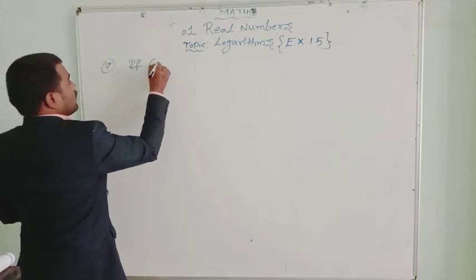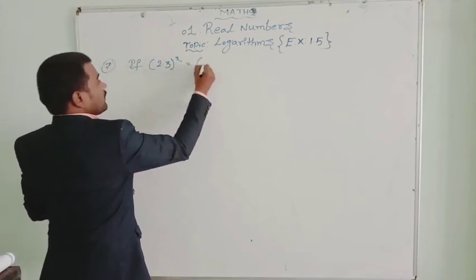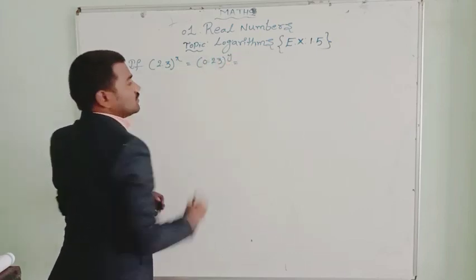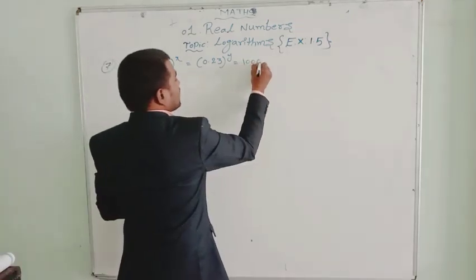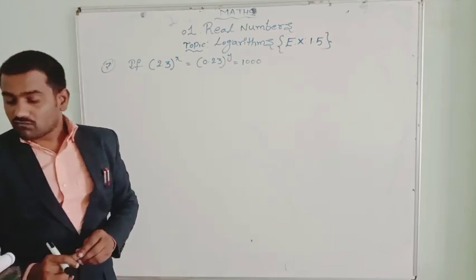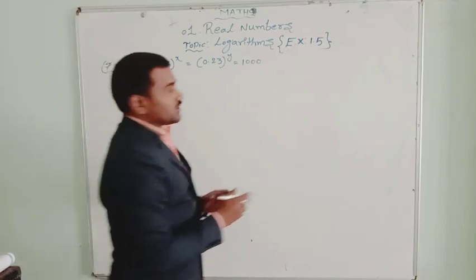If 2.3 whole to the power of x equals 0.23 whole to the power of y equals 1000, this is what is actually given.